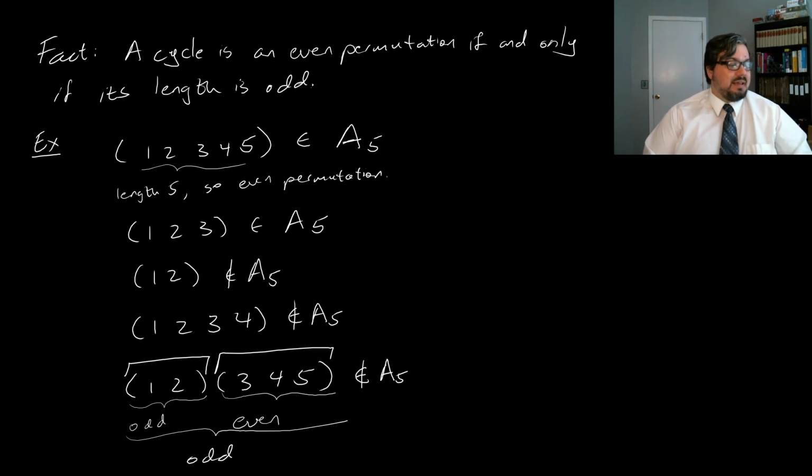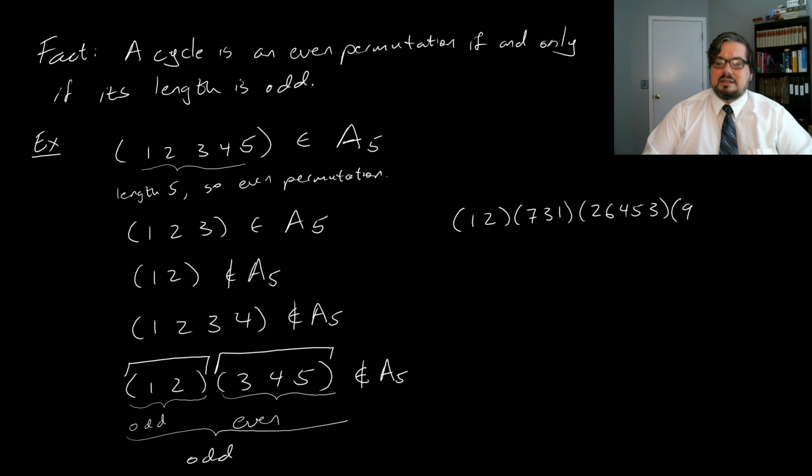So as a more complex example, let's take (1 2)(7 3 1)(2 6 4 5 3)(9 7 6)(2 6 5).